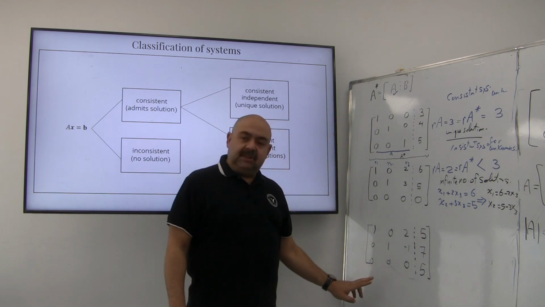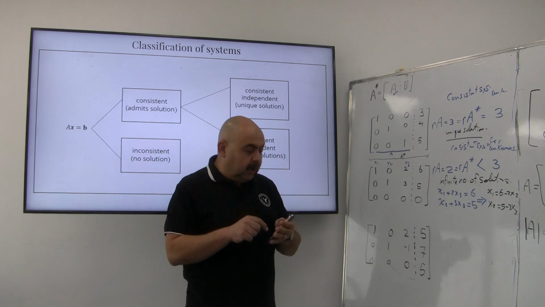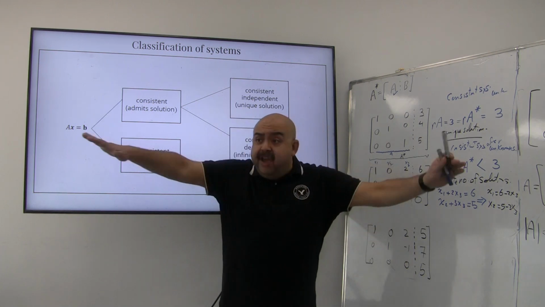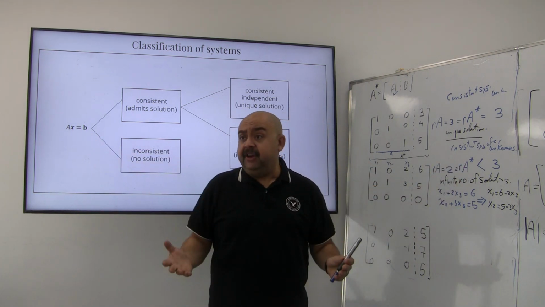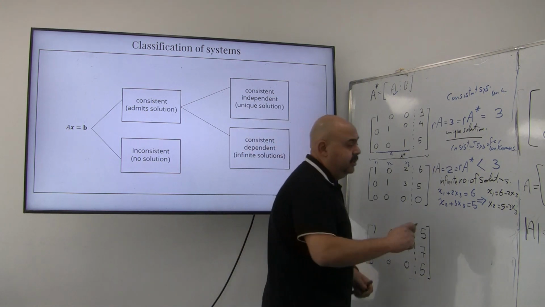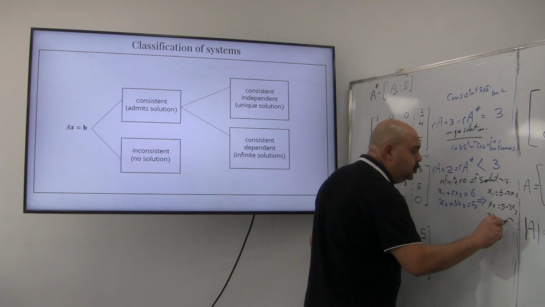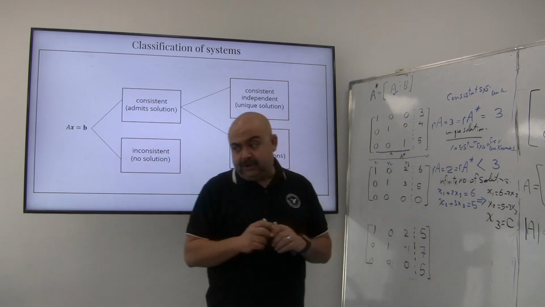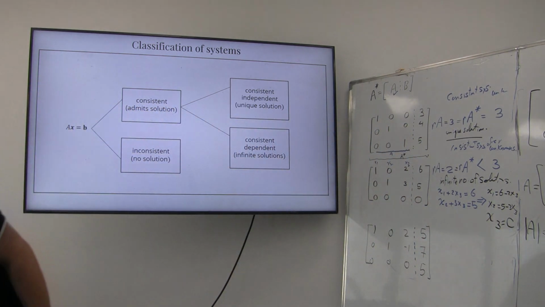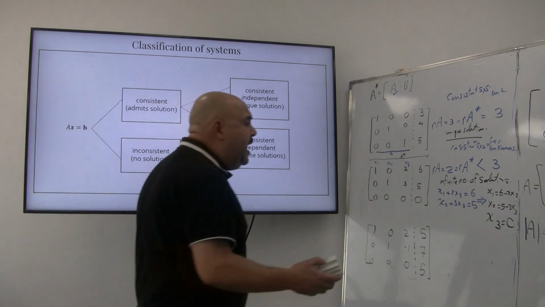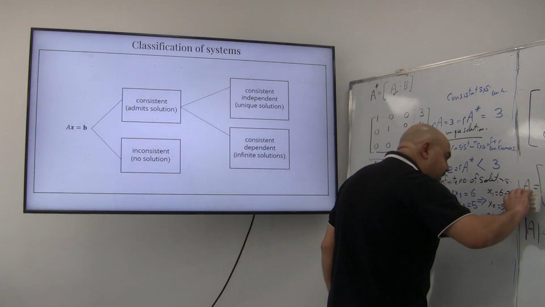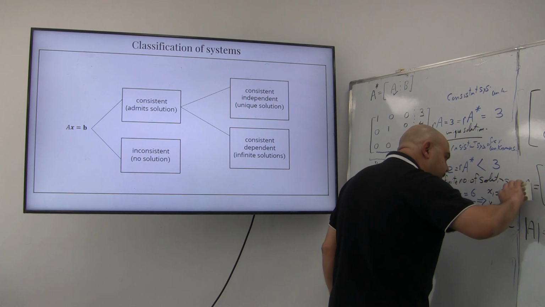Let's come to the last system. Oh, okay. Also, I want to add, if I want to write the infinite number of solutions for everyone, we can write it like this. We can state that x3 equals c, and all you have to do is simply replace the values of x3 by c.